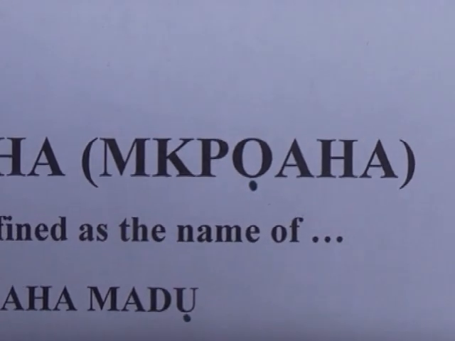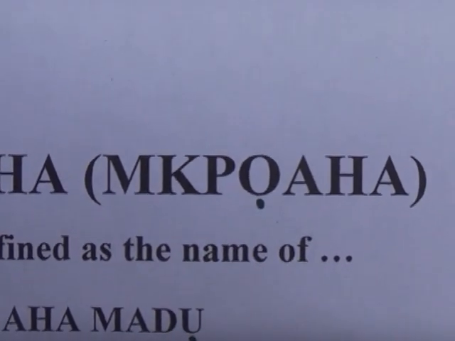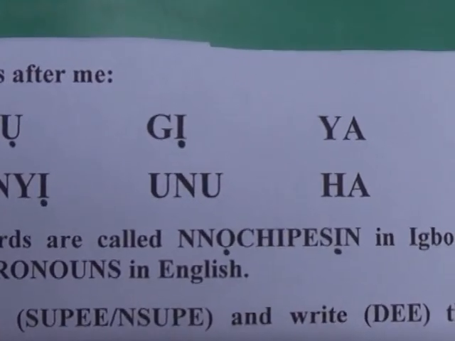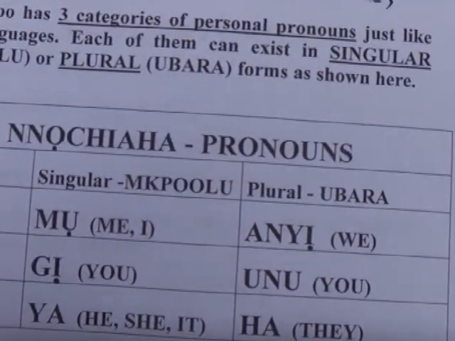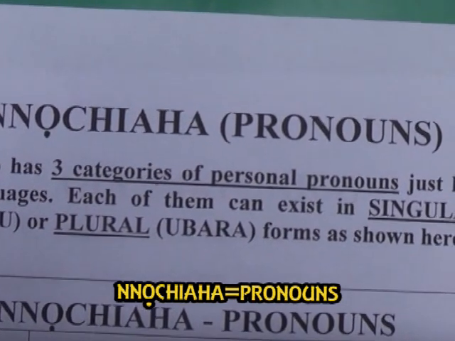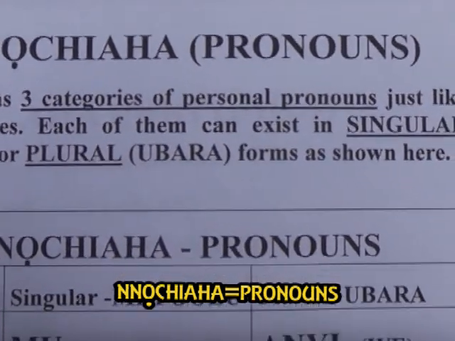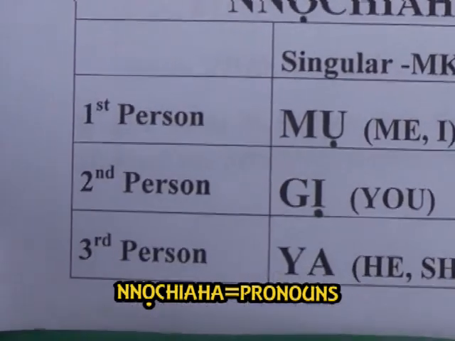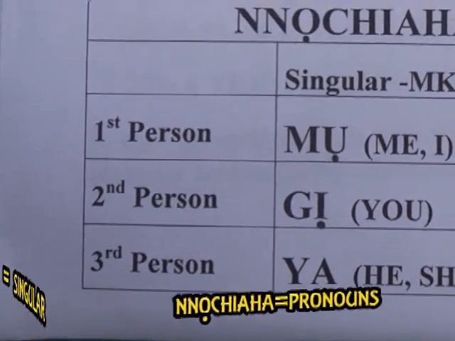And the pronoun is something that can substitute for the noun. These are the 6 words. Mo, ge, ya, anyị, unu, ha. Pronouns or nnochi are divided into 3 categories: first person, second person, and the third person.